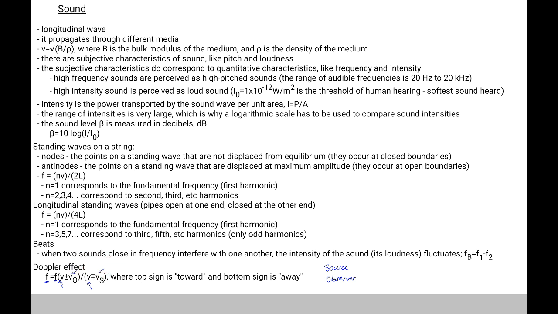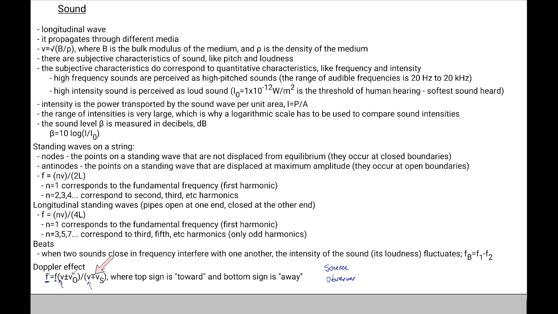So to interpret this, the top sign, so the plus sign up here and the minus sign over there, stands for toward. So the top sign would say that the observer is moving toward the source if we picked the positive sign. And if we pick the negative sign here, we would say that the source is moving toward the observer.